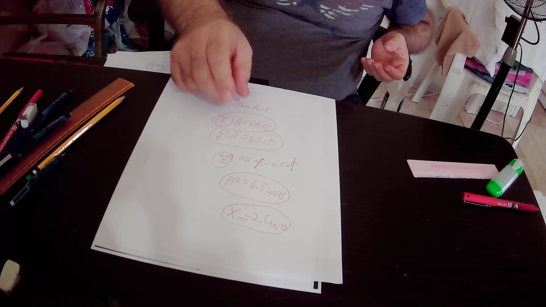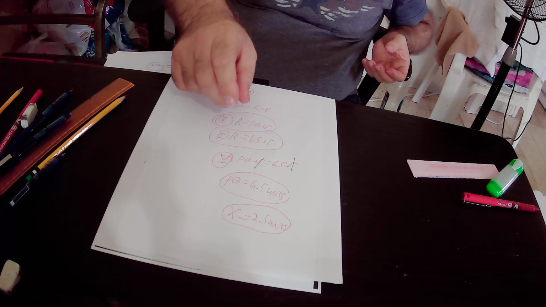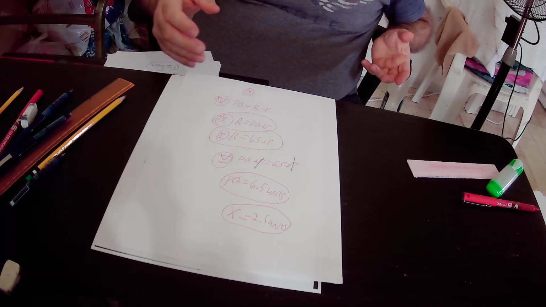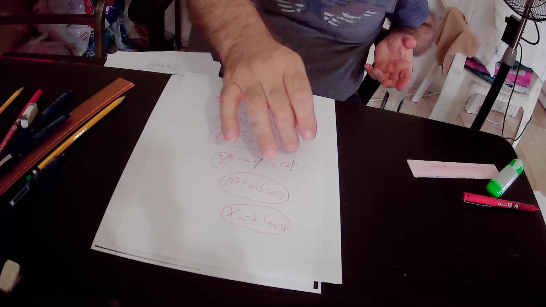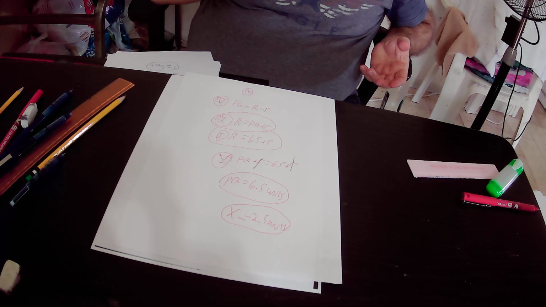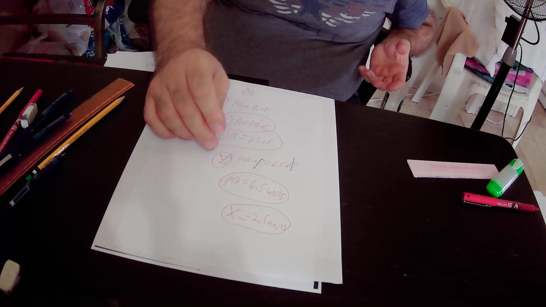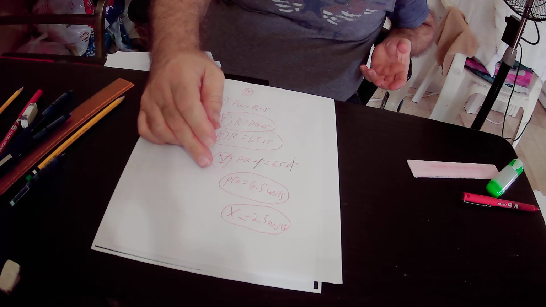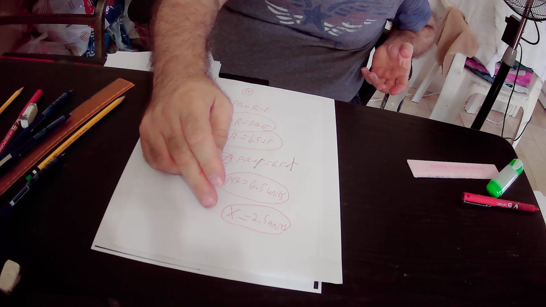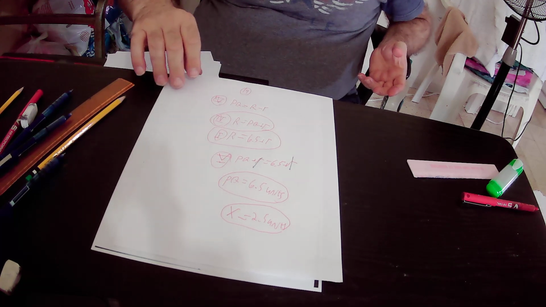So we compare equation number 1 to equation number 4, that is to say, equation number 5 states that capital R equals capital R. So from equation number 5 we got that PQ equals 6.5 units, and we have already found out that X equals 2.5 units.